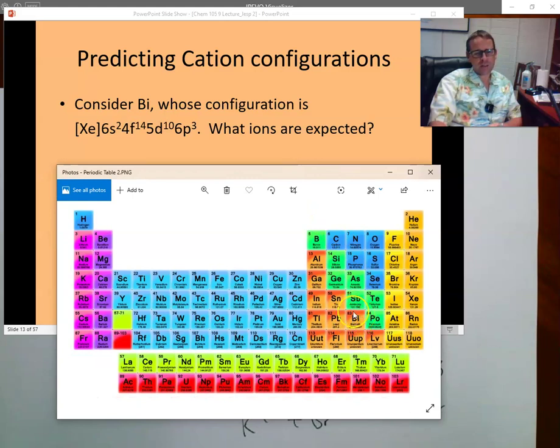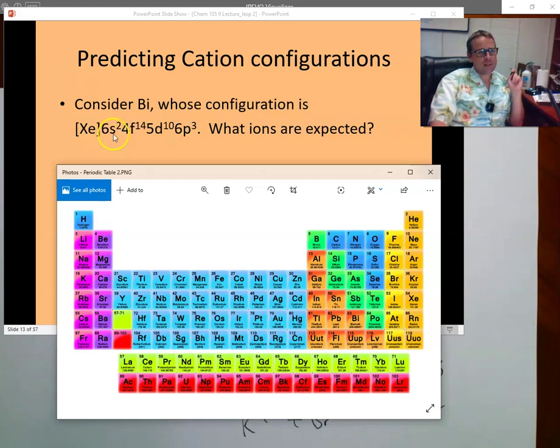Hopefully, simply by looking at the periodic table, we can see how many valence electrons it has, Katie. We can see it in the electron configuration as well, but I think using the periodic table now, we're pretty good at that. How many valence electrons does bismuth have, Katie? It has 5.